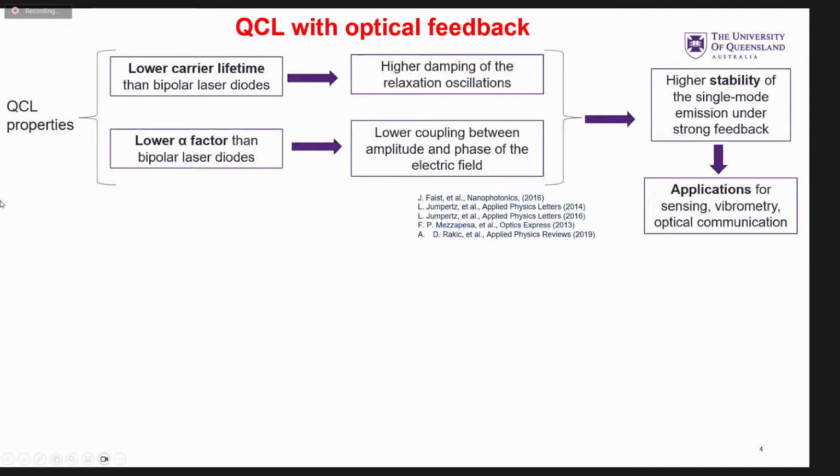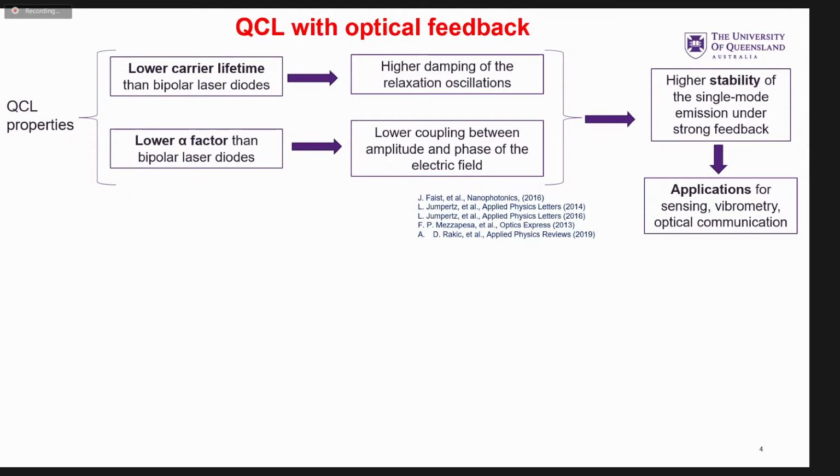The first element of the configuration that we are going to study in this work is the self-mixing, in particular the self-mixing in quantum cascade lasers. So quantum cascade lasers have peculiar physical properties, such as the lower carrier lifetime with respect to conventional laser diodes, and also lower alpha factor with respect to bipolar laser diodes.